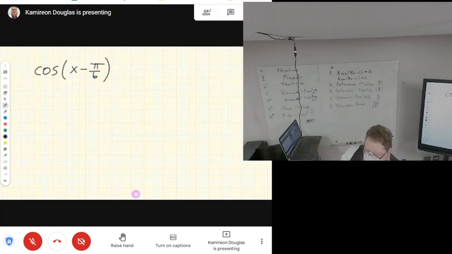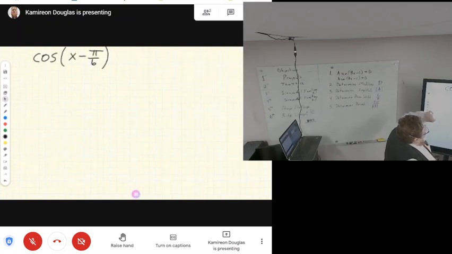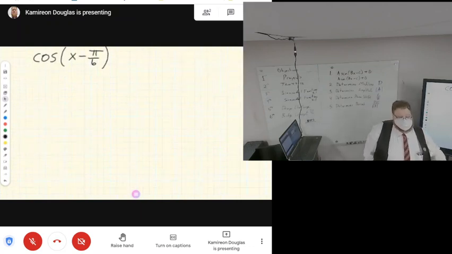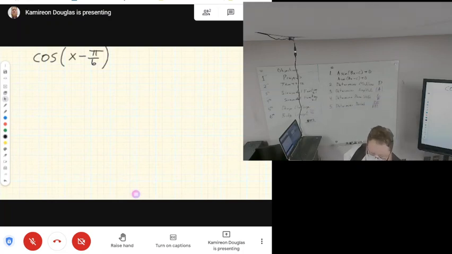Pi over 6 is a nice radian value because it helps to do the period with weirder values. Again, the period is based upon a 2 pi variation. So having it in this form is actually really helpful as opposed to having it as a 3. As it turns out, it is easier by far to graph cosine of x minus pi over 6 than it is to graph cosine of x minus 2. It is far easier to do the pi over 6 because of how the period works.